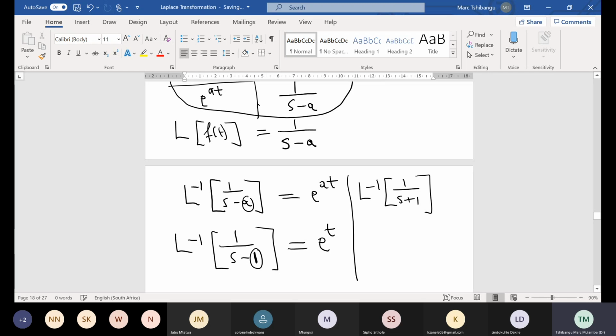I am neglecting the constant because it's been removed as per the properties of Laplace transforms. So this quantity can be rewritten as the inverse Laplace transform of 1 over s minus negative 1, so that we keep the negative sign here. In this manner, the inverse will be equal to e. Remember that now our a is negative 1, so it is e to the power of negative 1 times t.